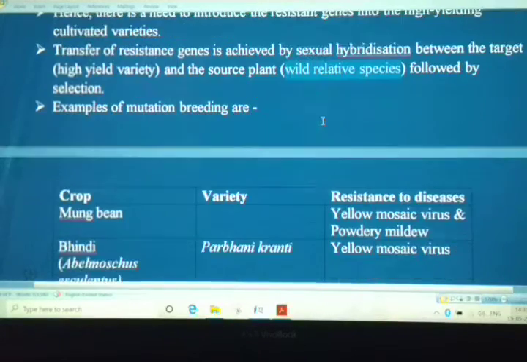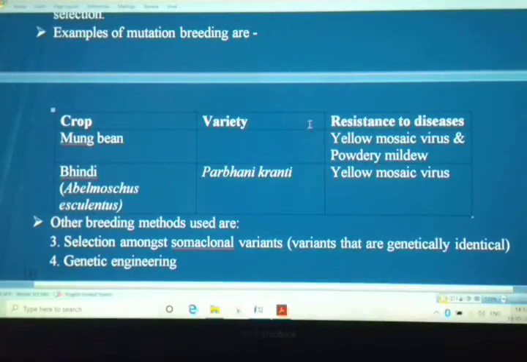Now, examples of mutation breeding: here we are talking about plants where this has been done. The first column is the crop, the second column is the variety, and then resistance to which disease. The first one is moong bean, where the mutation method has been utilized to make it resistant to yellow mosaic virus and powdery mildew.